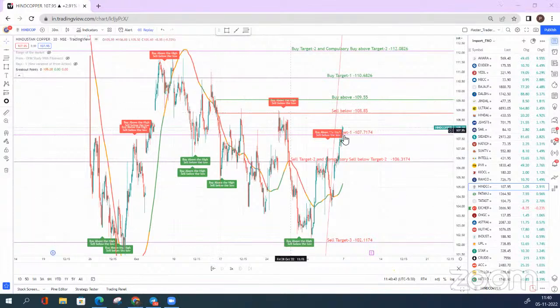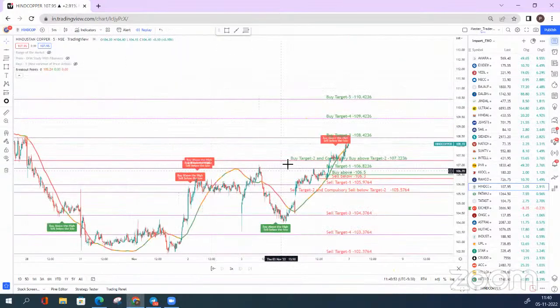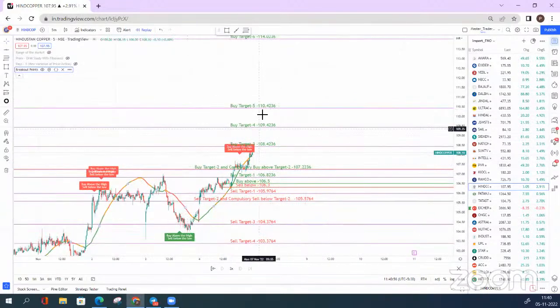Okay, so this is all about this indicator. If you want to do an intraday, you can go with 5 minutes. If you see the third, fourth, fifth levels, it also gives you a compulsory buy above this, so you can go for a target of this.